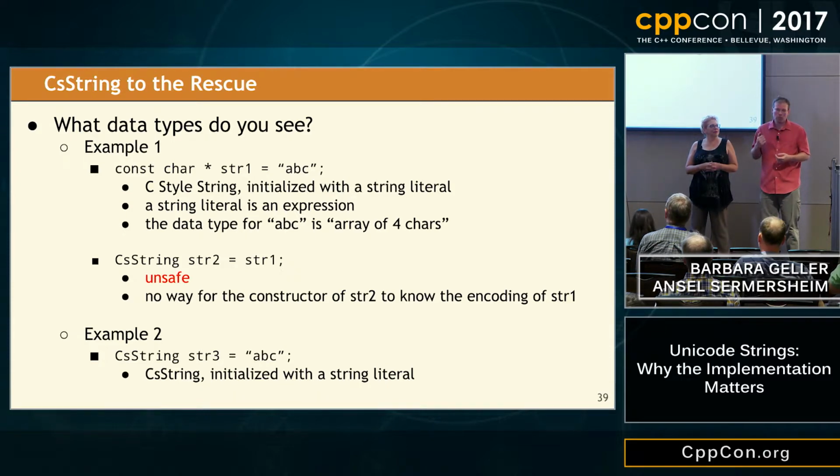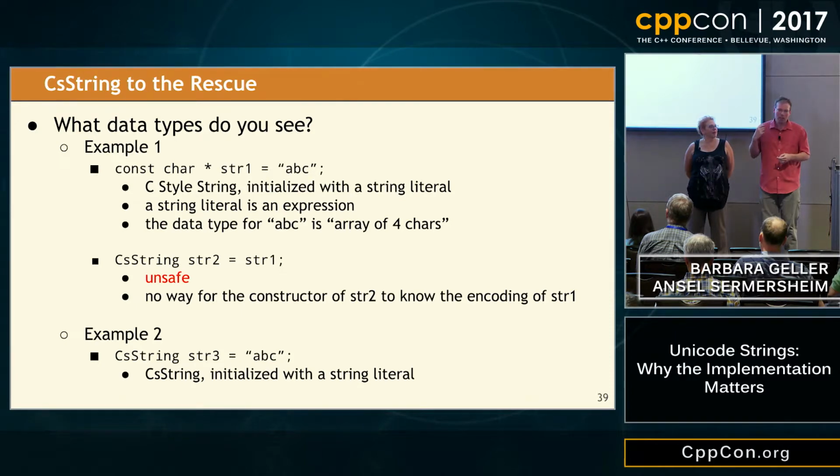It's initialized with a string literal. A string literal, being an expression, has to have a data type because the string literal is the expression itself. Its data type is array of 4 characters. As he noted, there's also a const in there and a reference, but the important meat of the definition is that it's an array of characters, char type.